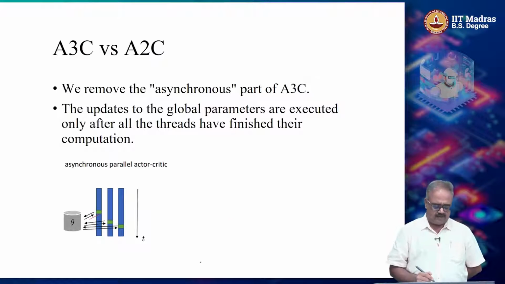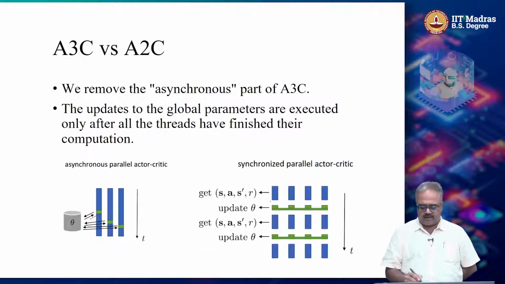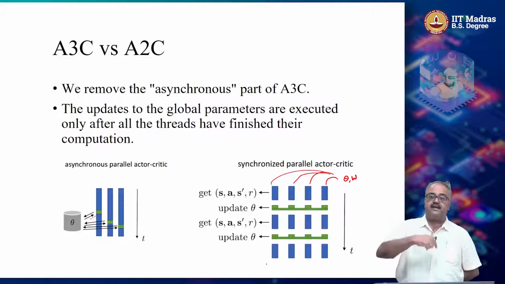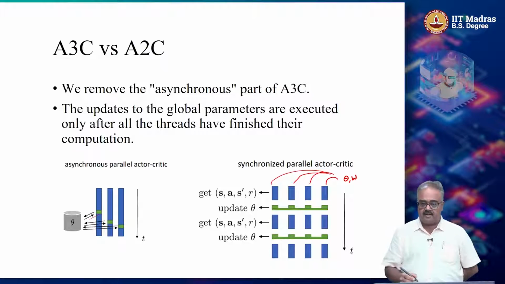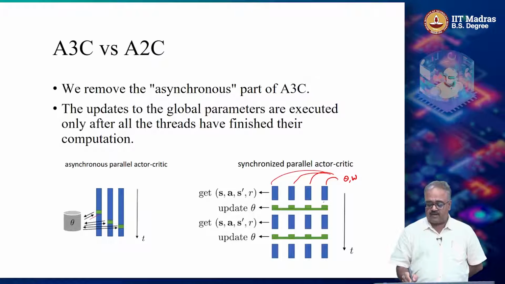They are not going to wait for each other to complete. But in synchronous actor-critic, you will have the central setting for theta and w, each of these actors will get theta and w from the central server, and the coordinator will make sure that every thread waits for the other threads to finish.